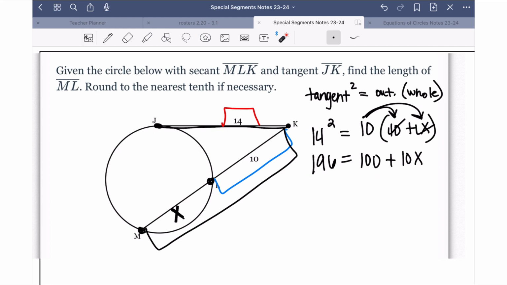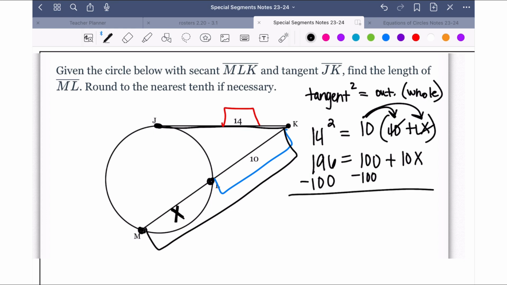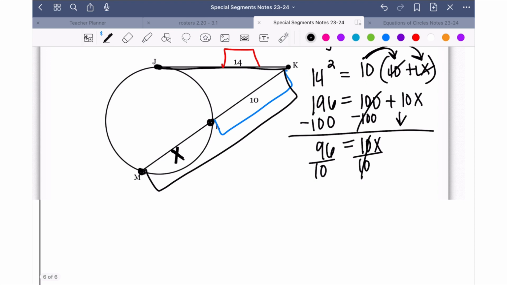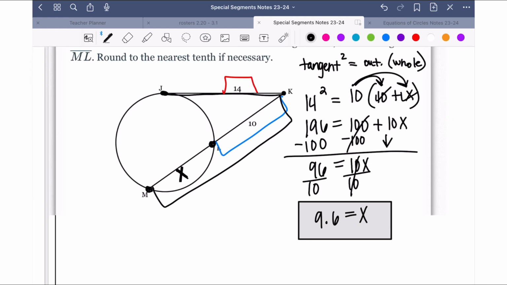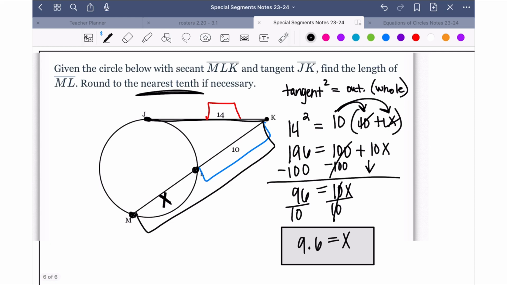So if we're adding a positive 100, we need to subtract it from both sides. 196 minus 100 is just 96. Okay, bring down your 10x to here. Divide by 10, divide by 10. 96 divided by 10 gives us 9.6. Okay. And that should be the answer for rounding to the tenth.